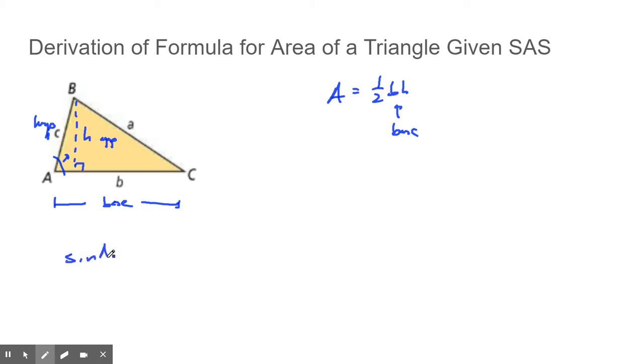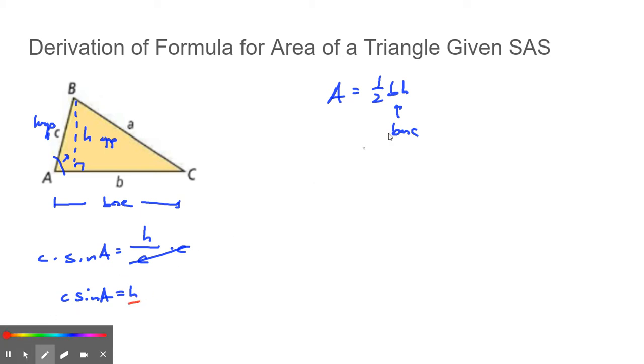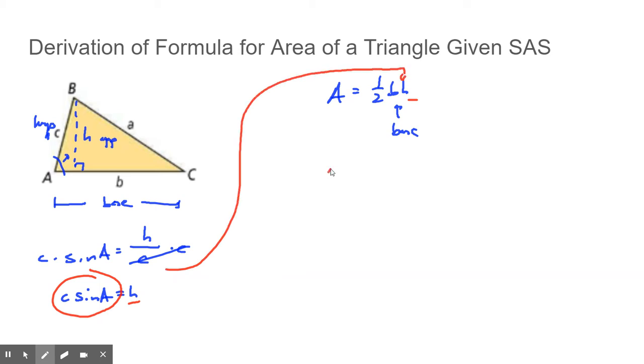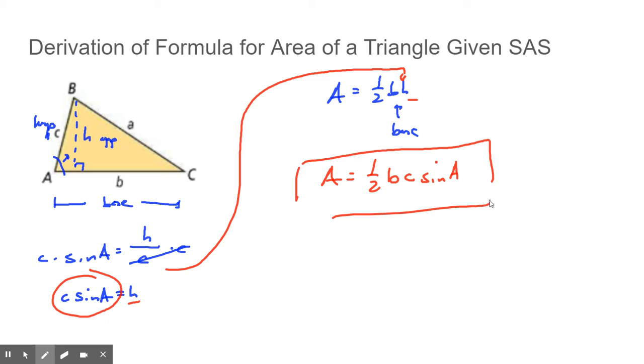So the sine of A equals opposite H over hypotenuse C. To solve this for H, I'm going to multiply both sides by C. I get C sine of A equals H. I can take C sine of A and plug it in for H. And area equals 1/2 BC sine of A. And that's how that formula comes about. Okay. So there we go. This is going to be very helpful today as we go through these problems. So be aware, we're going to use this.